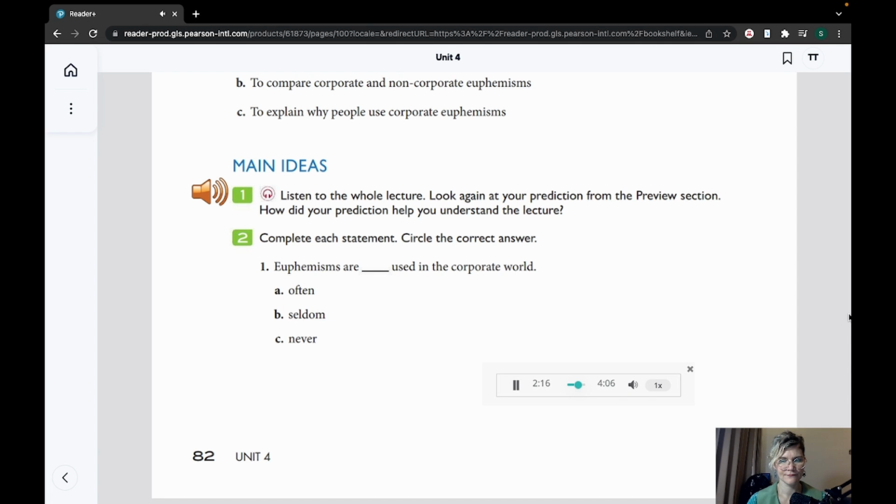Why? Well, most have a short shelf life. They become less effective over time. Euphemisms are created to make an idea sound more positive, but over time, they can take on a negative connotation, just like the original word. The term downsizing is an example.